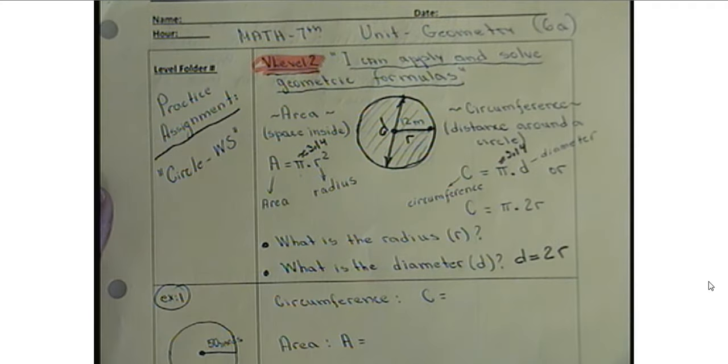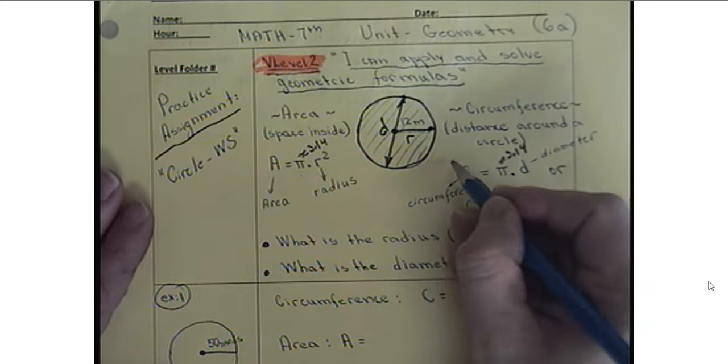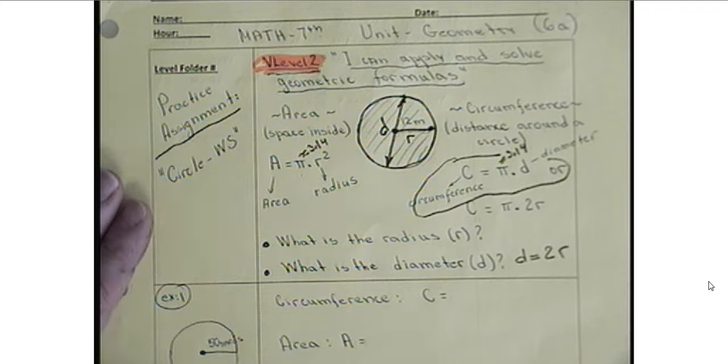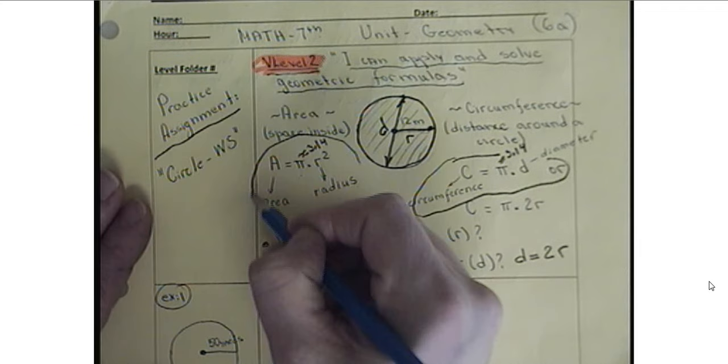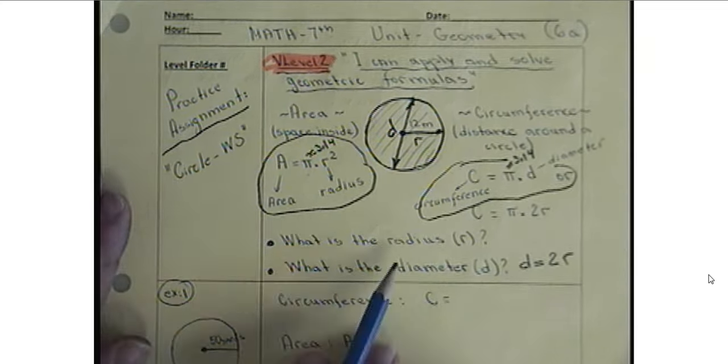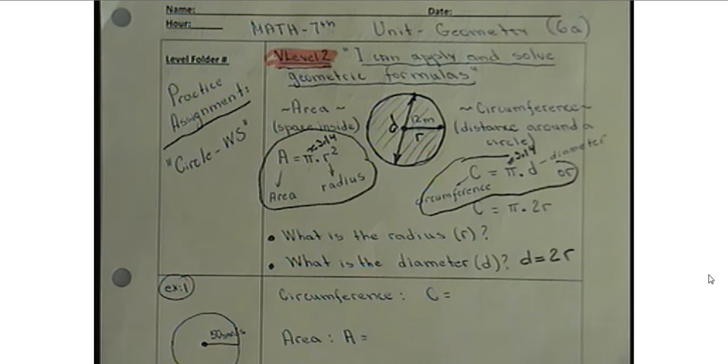So write down this formula. This is one of the major formulas for the circumference, and this is the other one for the area of the circle. Please make sure you have this information written down.